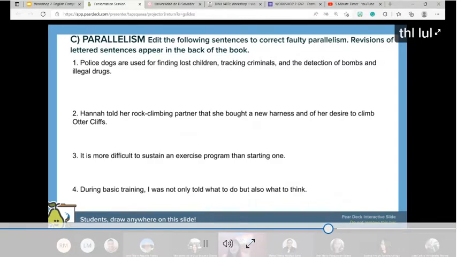Look at this. Finding lost children, tracking criminals, and detection of bombs. Does it sound right to you?